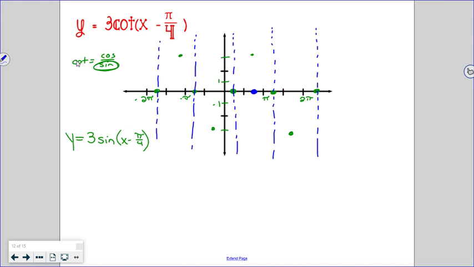So I go over halfway to the left, up 3. That dot has to be visible. Right halfway, down 3, and again, the 3 because of the amplitude. It's stretching our graph vertically by 3. And I do that with all of them. Left halfway up 3, right halfway down 3, decrease between my asymptotes.